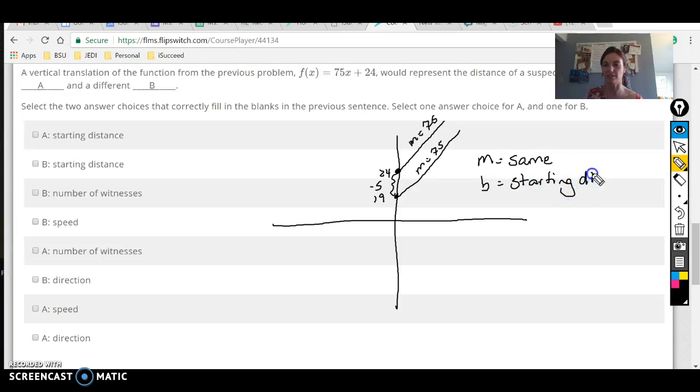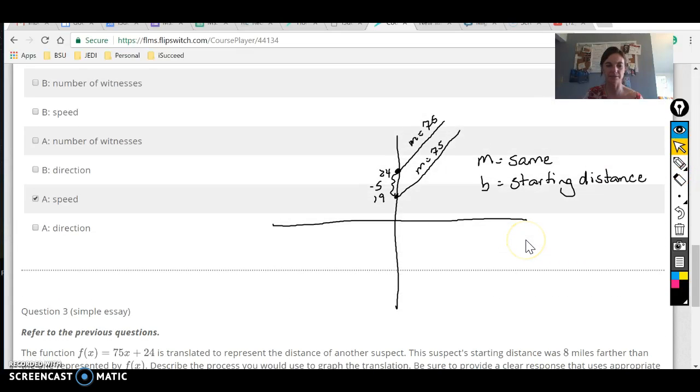And in this case, they say starting distance. Okay, so for A here, we're going to say that they had the same speed or rate of change, and the different starting, so our answer is going to be B, different starting distance. Parallel lines, just different y-intercepts.